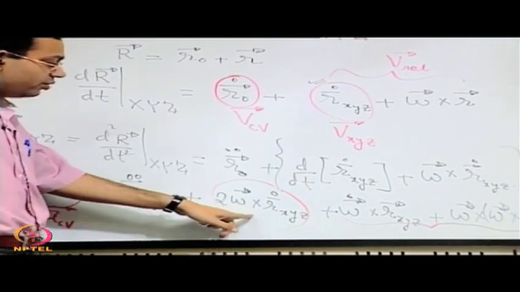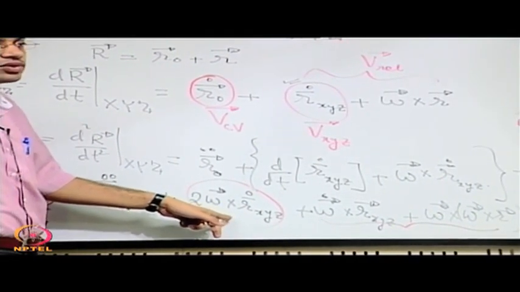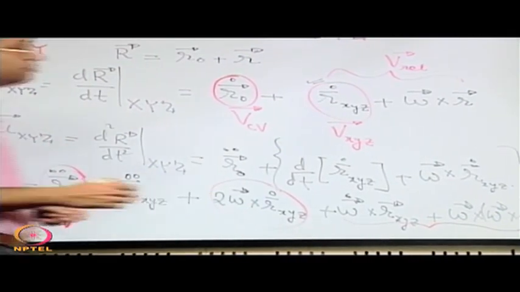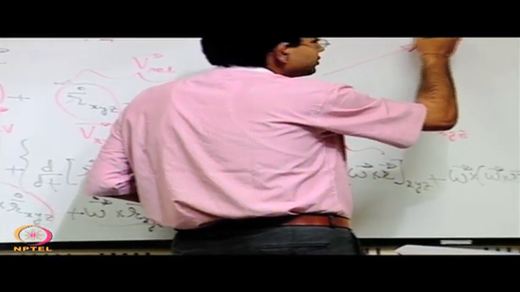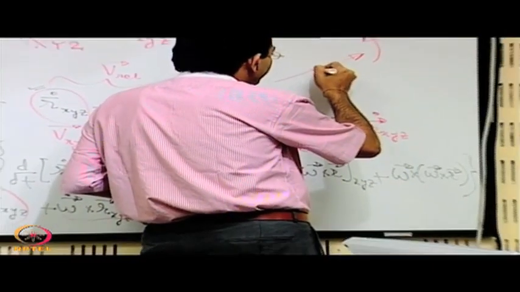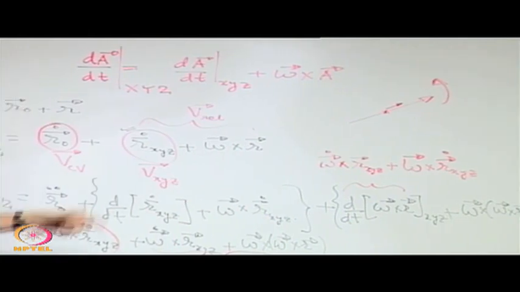So as you all know, this is called the Coriolis component of acceleration. So where does this Coriolis component of acceleration come from? If you have a reference frame that rotates and relative to that reference frame something translates, the combination of that gives rise to an acceleration.